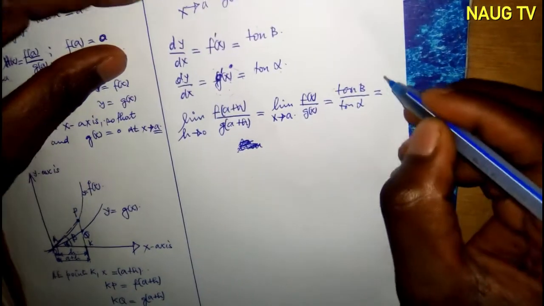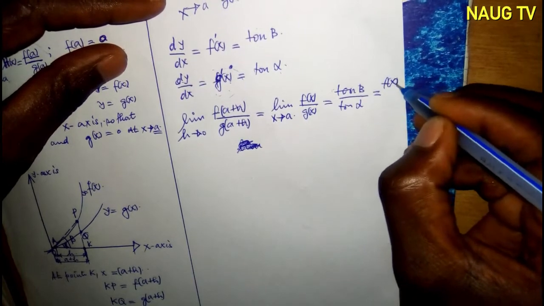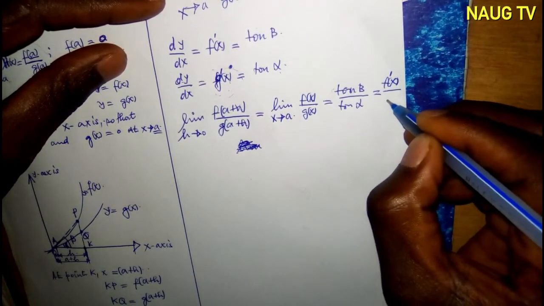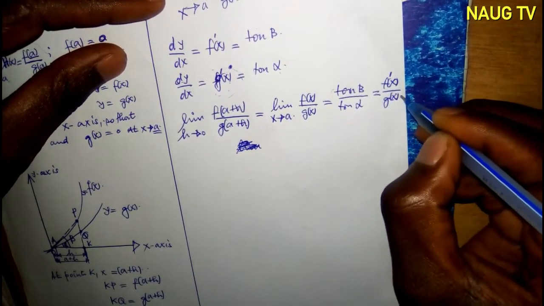So this would be equal to the derivative of f of x over the derivative of g of x.